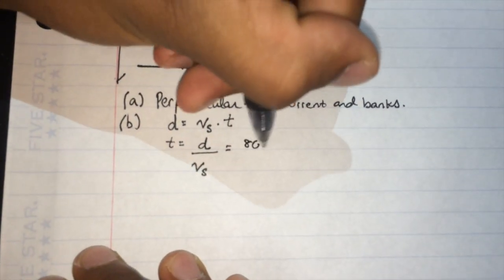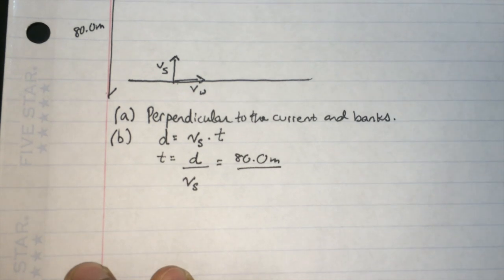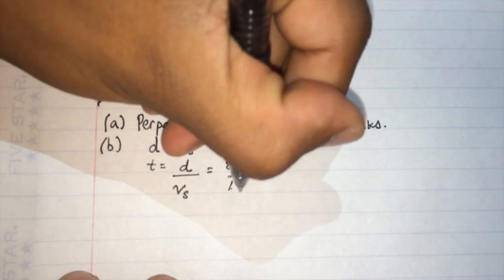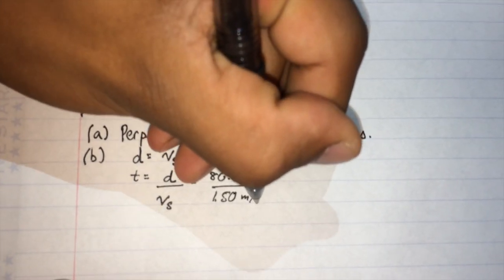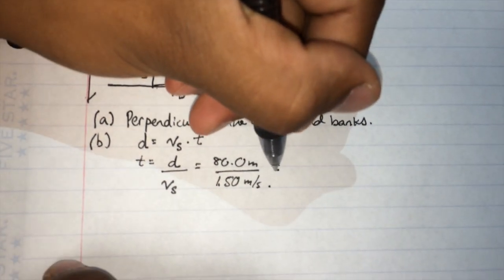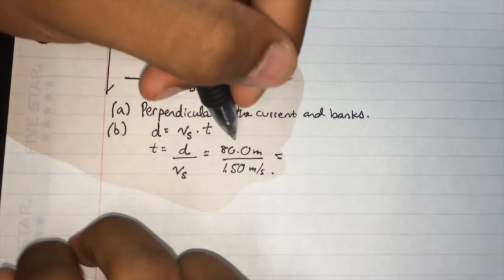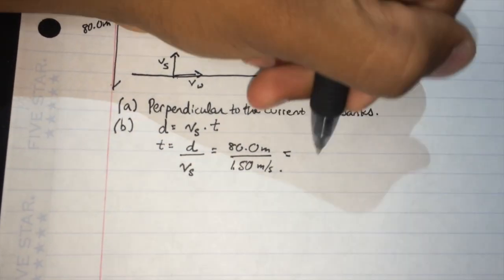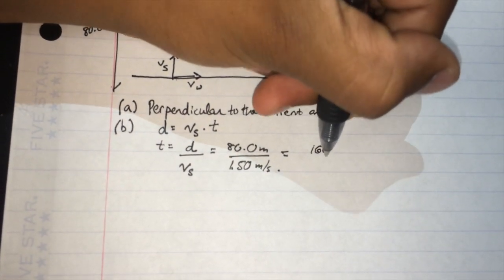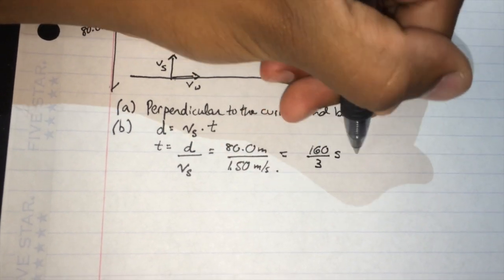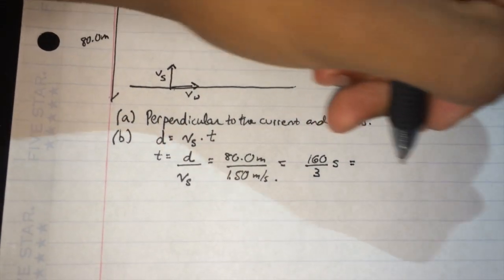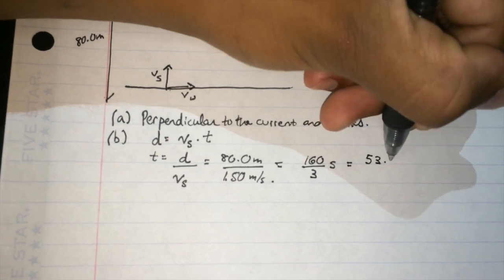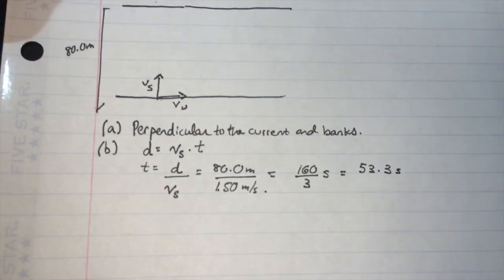So our distance of 80.0 meters over our V swim, which is 1.50 meters per second. So let's quickly do that. That is 160 over 3 seconds, which we can simplify to 53.3 seconds.